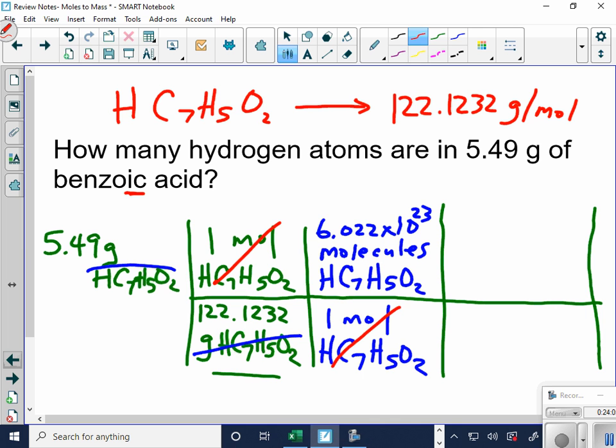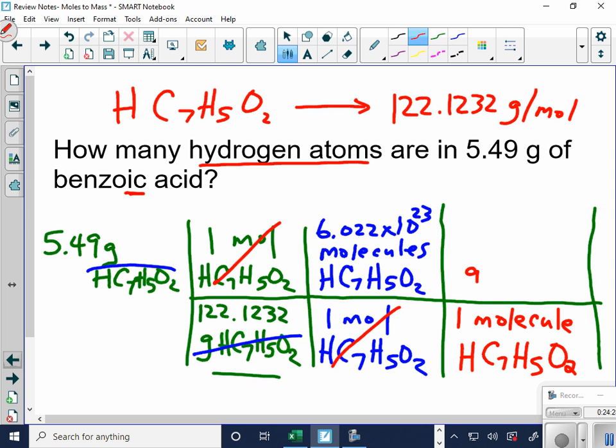Now my final step was to go to atoms of hydrogen. So I know that if I have 1 molecule of benzoic acid, how many atoms of hydrogen do I have?